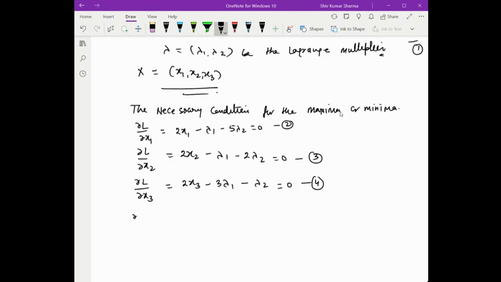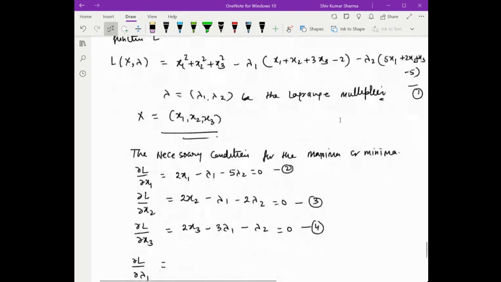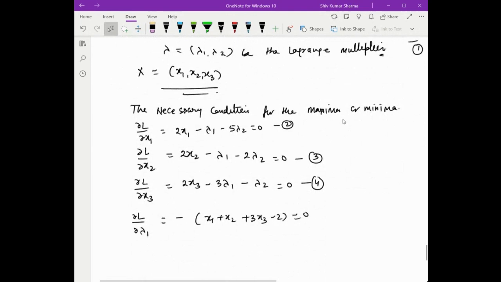We differentiate L with respect to the multiplier lambda 1, which gives x1 plus x2 plus 3x3 minus 2 equal to 0. This is equation number 5.